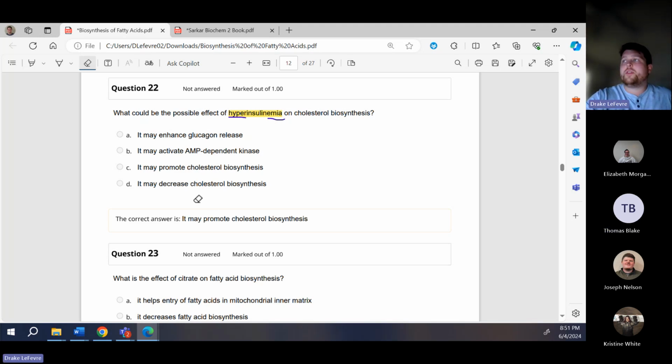Yeah, exactly. If you had a whole bunch of insulin, you're going to be looking to create more cholesterol, because cholesterol at the end of the day is fat. It's chains, like balls and chains of fat. So you're going to promote making cholesterol if you have excessive amounts of insulin.